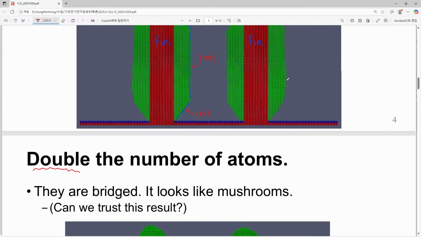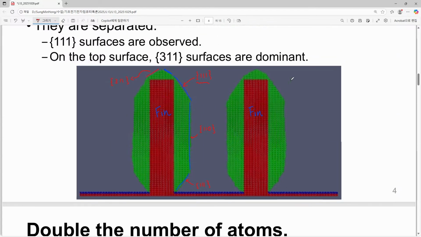If this is 4.5 nanometer, and we double the number of atoms, then maybe this is 4.5 and another 4.5, so 9 and also 9. Still we have 2 nanometer, but you can see that here we have a very steep decrease of the gap.